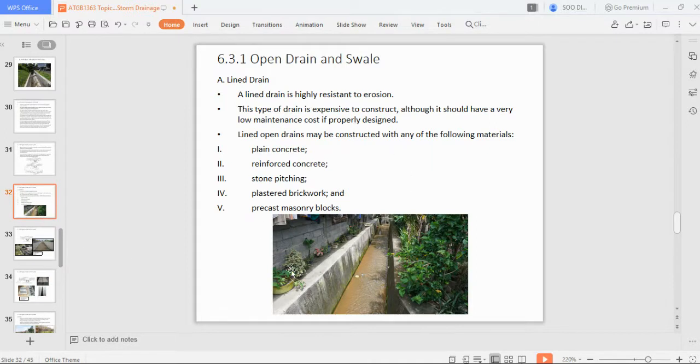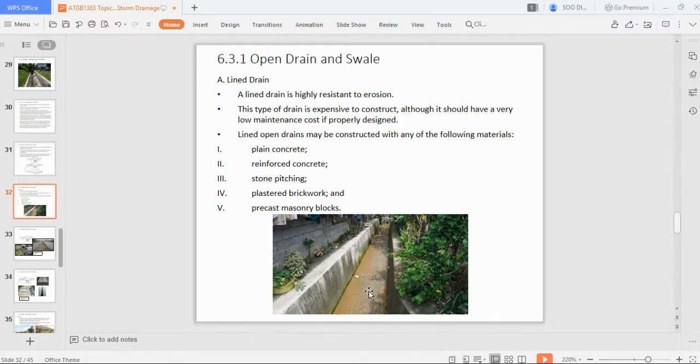So this is a lined drain. A lined drain is a man-made structure made of concrete. Because it's made of concrete, it's very low maintenance, it's very strong, and it will last for a very long time.